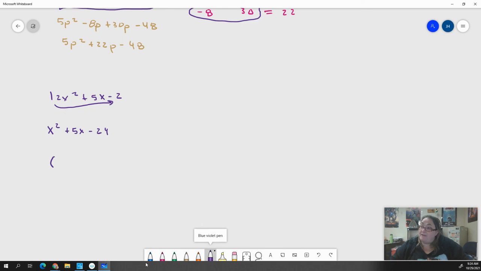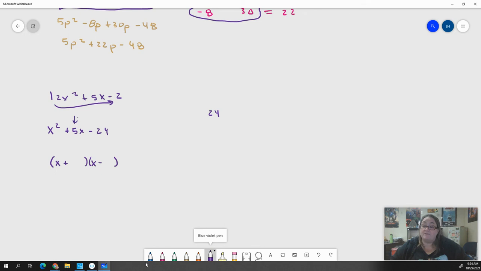So I know I'm going to have a factor. One is going to be x plus something. One is going to be x minus something because our end term is negative. And so we just need to find those factors of 24 that add up to 5. In this case, again, our bigger factor will be the positive one because we have a positive term in front of the x right here.